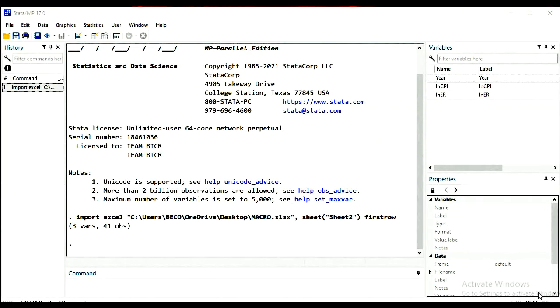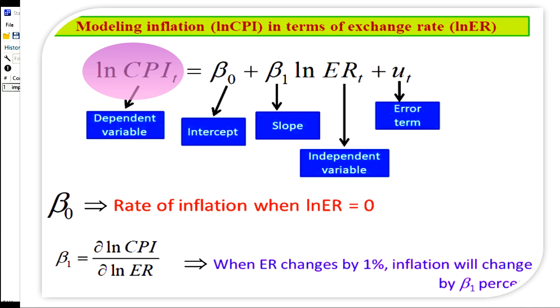In our model, the natural logarithm of consumer price index, that is a dependent variable, is equal to beta naught, that is the model intercept, plus beta 1 times the natural logarithm of exchange rates plus u. As we have said in the beginning, the natural logarithm of consumer price index is the dependent variable.